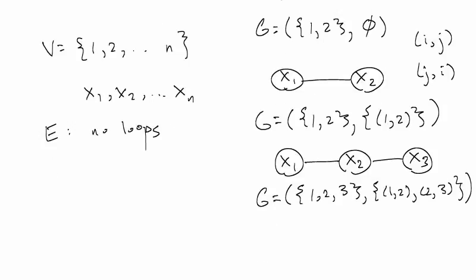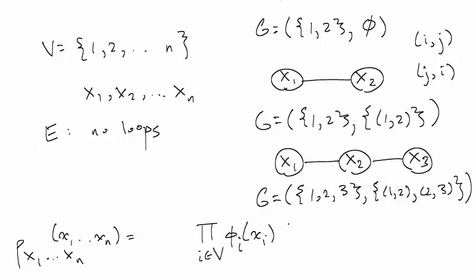So as a formula, we'll write that the joint probability table for random variables x1 up to xn, evaluated at little x1 up to little xn, is given by the following factorization. For each i in the set of vertices, we're going to have phi i of xi, and then for each edge ij in the set of edges, we're going to have psi ij of xi, xj.